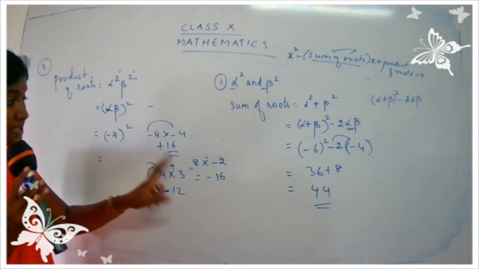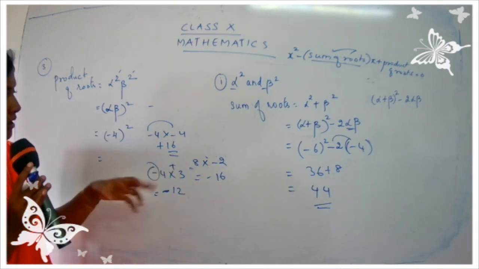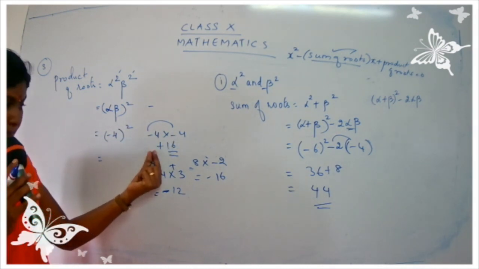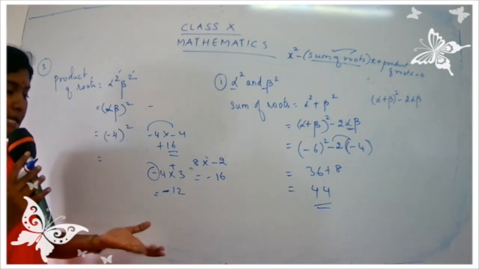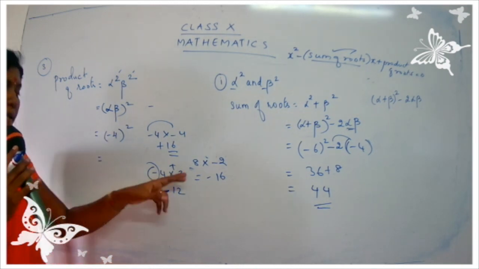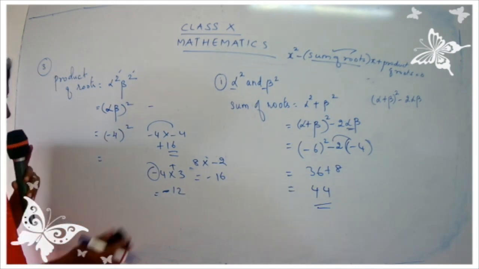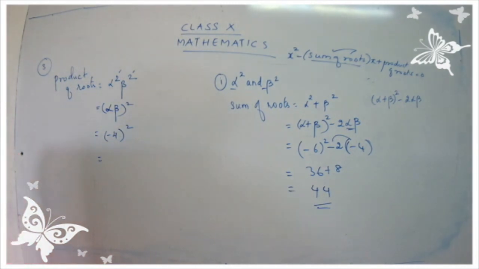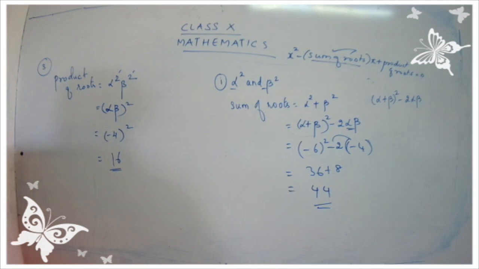Whenever you are multiplying, just count or we have to just focus on the number of signs. Like if you have the same signs like minus, minus, so answer is plus. If you have a plus plus sign, answer is plus. And if you have a different sign like minus plus or plus minus, you are going to get a negative answer. So be careful, children. So what is the answer for minus 4 into minus 4? Minus 4 into minus 4 is equal to 16. Yes. So we have found the product of roots.